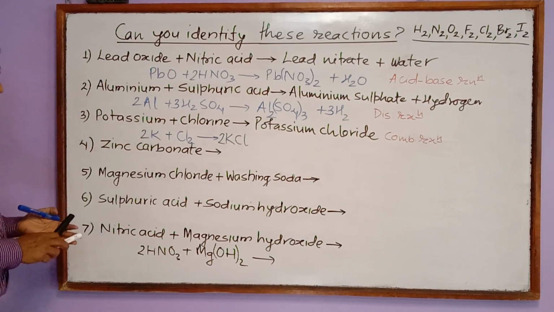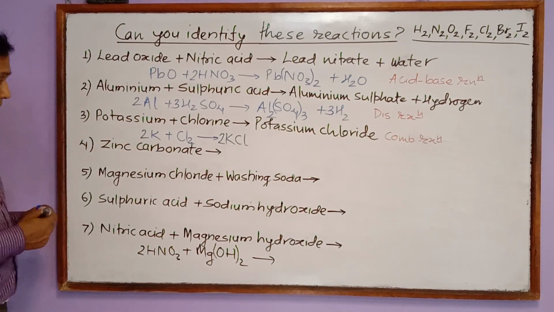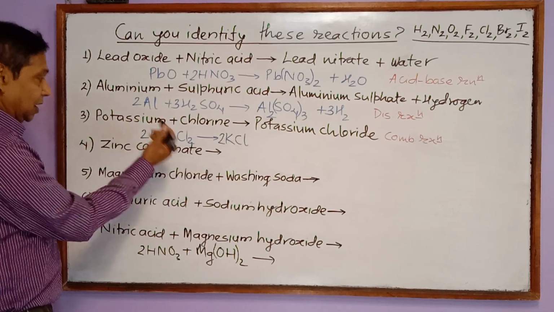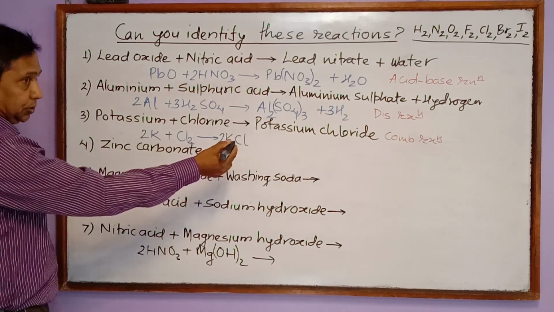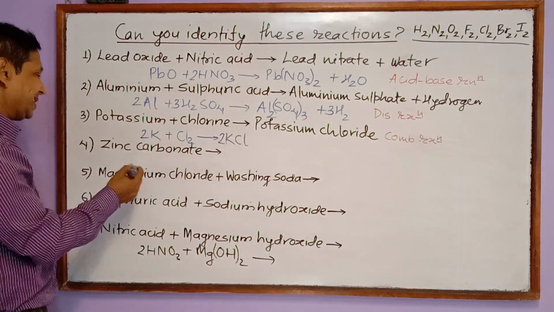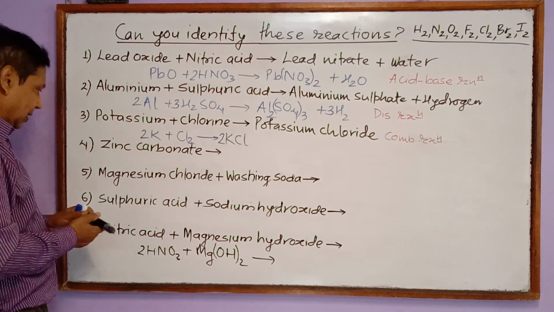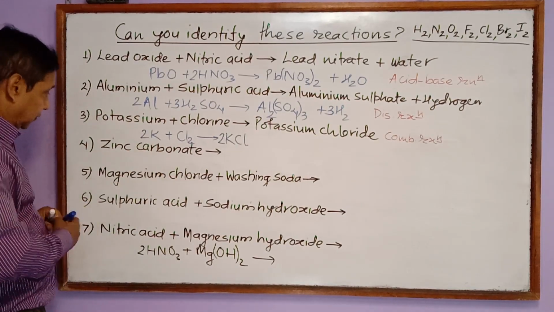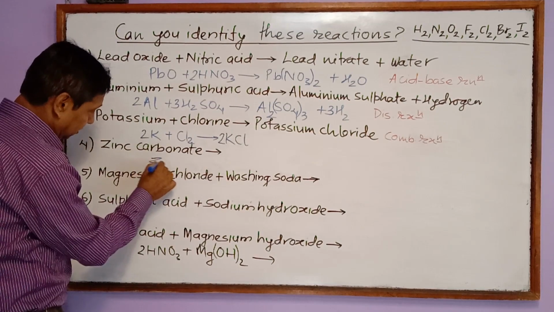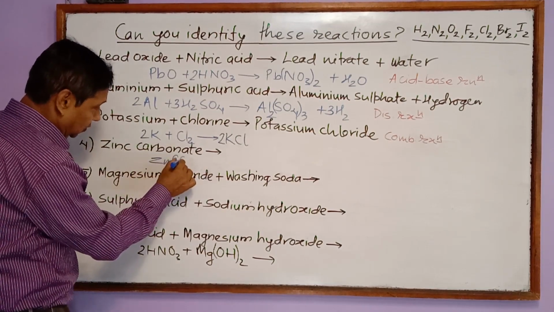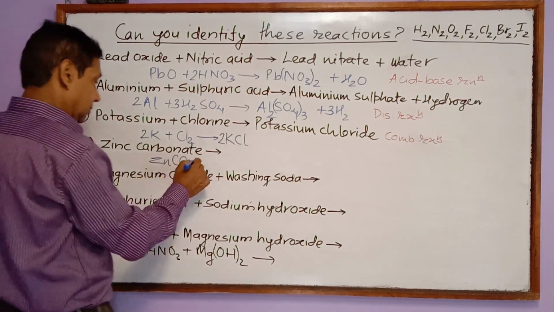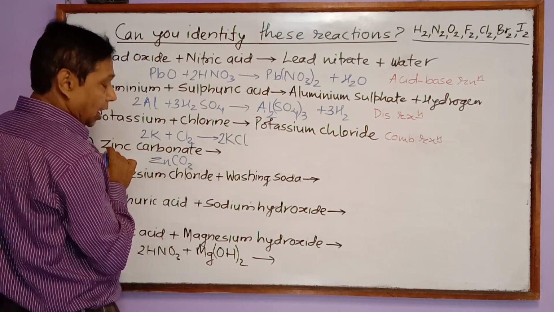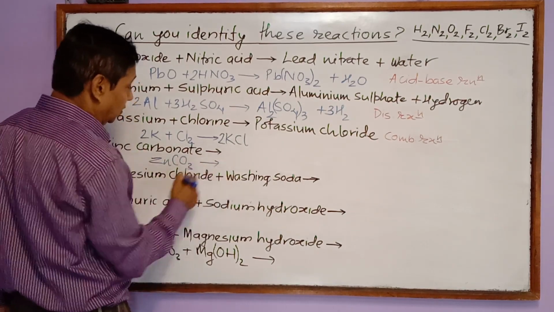Okay, now let's go to the fourth one. Zinc carbonate. If only one compound undergoes reaction, then certainly it is heated and it decomposes. Normally zinc carbonate decomposes when heated. That's why we first write the formula equation: ZnCO3. Zinc valency 2, carbonate valency 2, equal valency, no exchange.